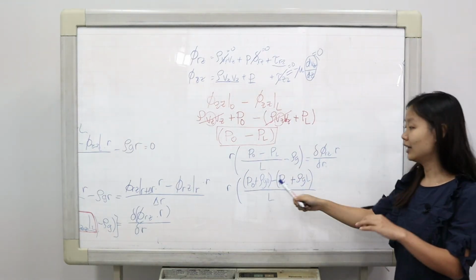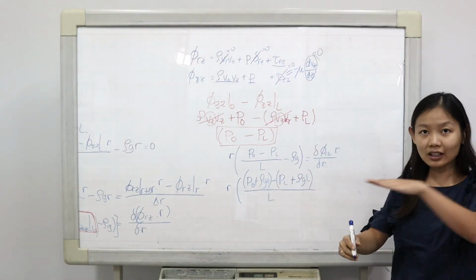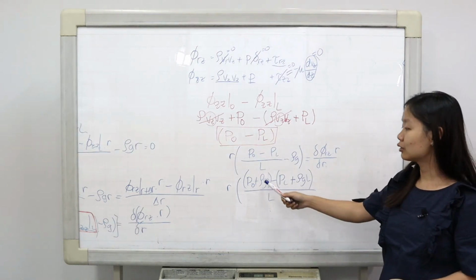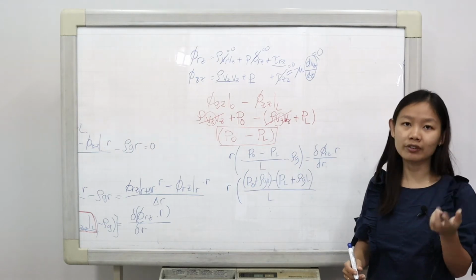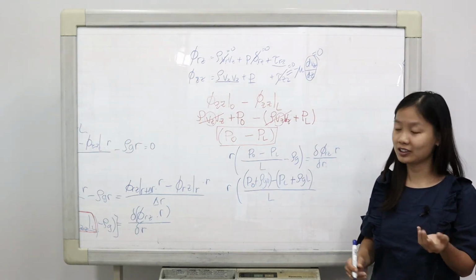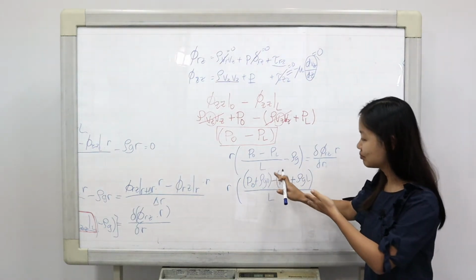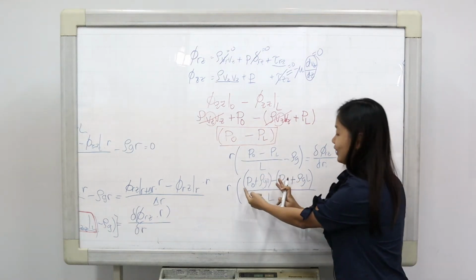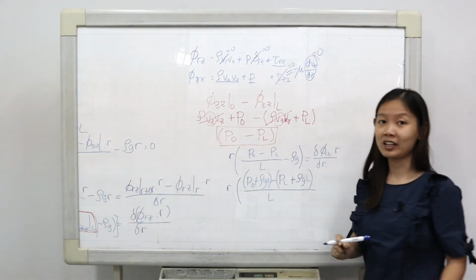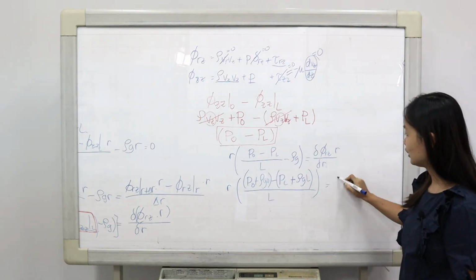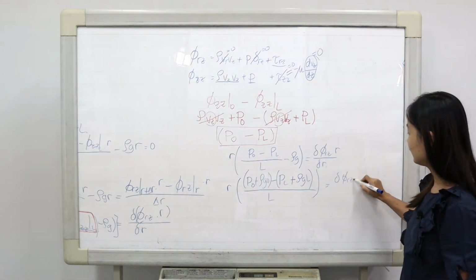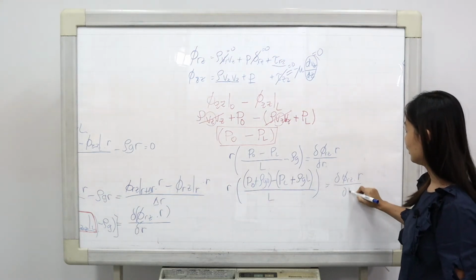Basically, because this one is at our 0 point, the rho G 0 will have no value. It's just being put here to make this and this similar, equal to dou (VRZ times R) dou R.